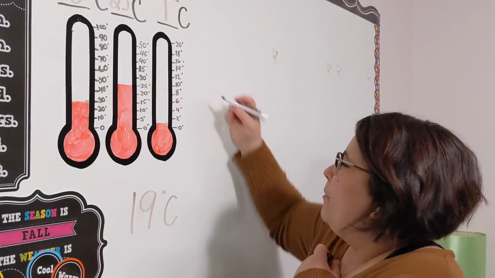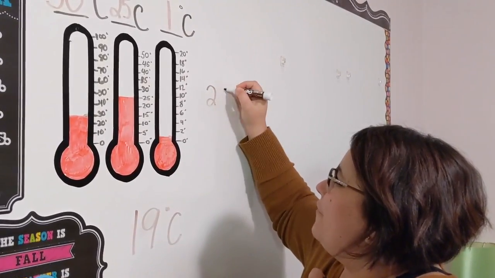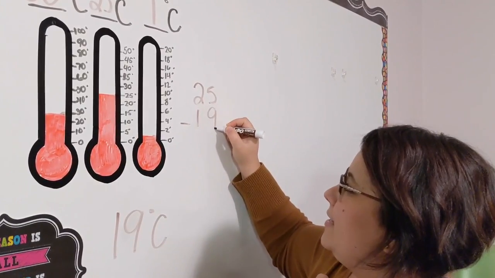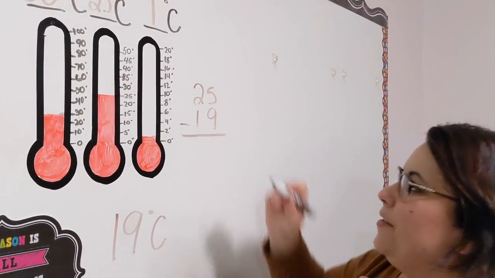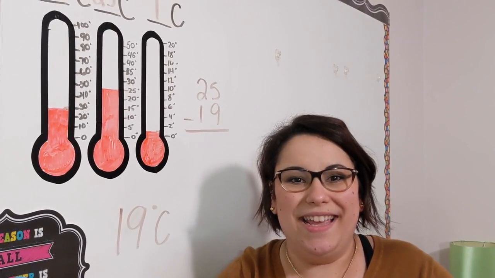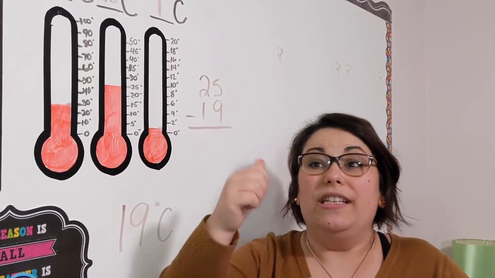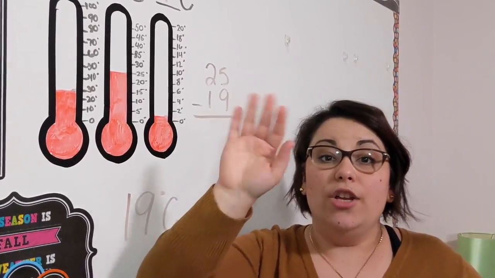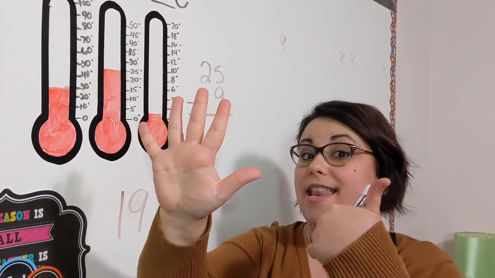Yep, sorry, a little bit more math. 25, we can stack them. Subtract 19. We can also count backwards in our head to 19. Ready? Here we go. 24, 23, 22, 21, 20, 19.